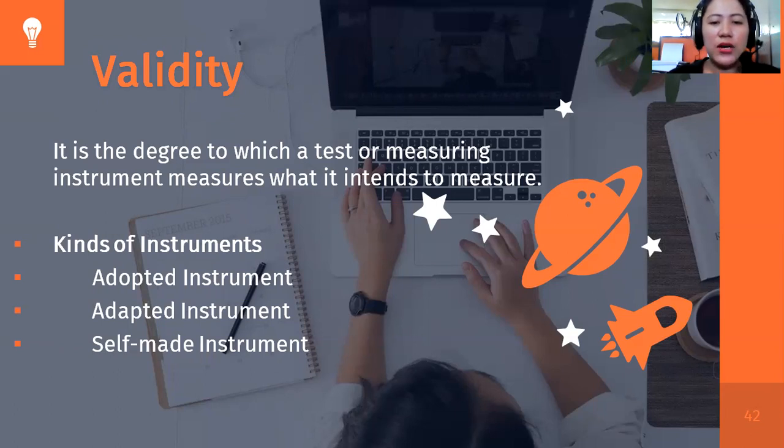So there are actually three kinds of research instruments. First, the adopted instrument. Second is the adapted instrument. Third is the self-made instrument. So when you say adopted instrument, meaning you just use the valid instrument or the standard questionnaire being used by other researchers who already published their research.